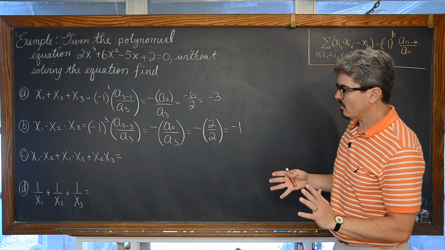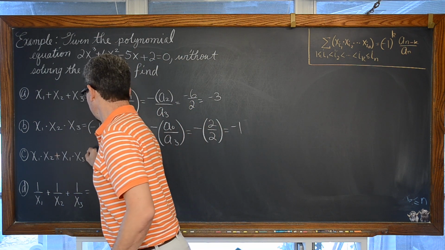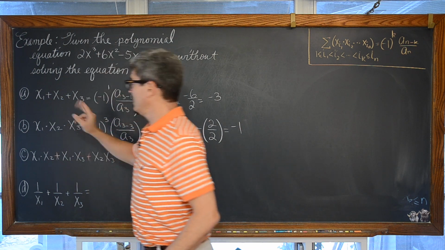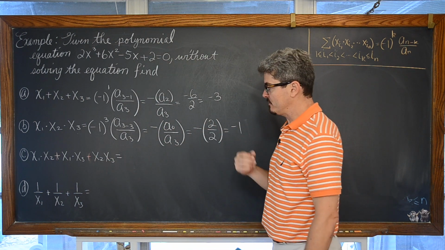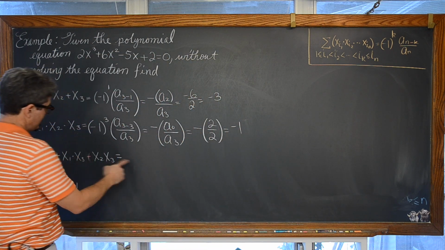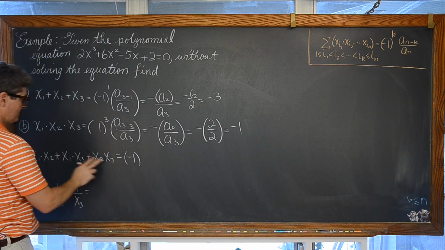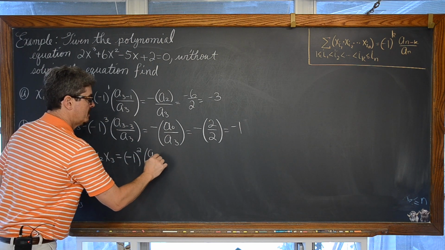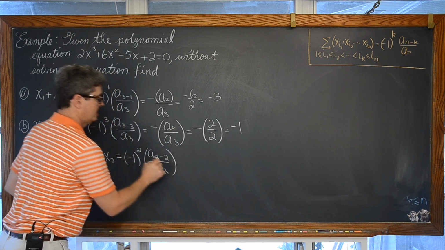Okay, fantastic. Now we are going to be taking the sum, again like part A, of some individual terms, but now instead of our individual terms only having one factor, our individual terms are going to be the product of two roots, or two factors. So that means this combination product sum is equal to negative 1 to the k power, the number of factors in each of these terms, so negative 1 squared, times a sub 3 minus 2 over a sub 3.